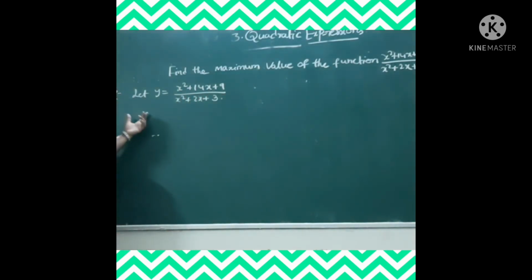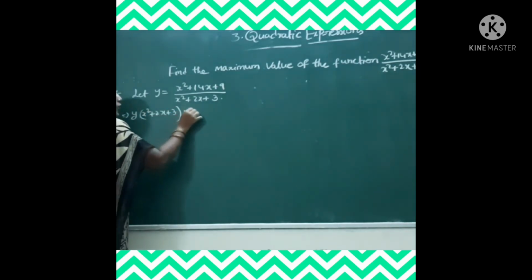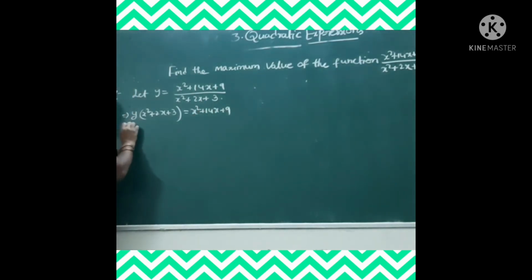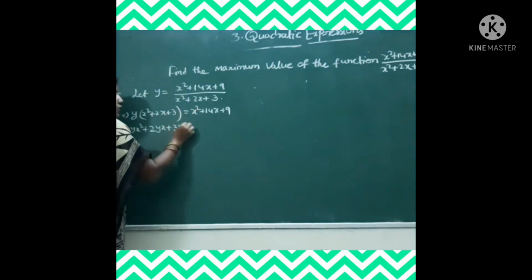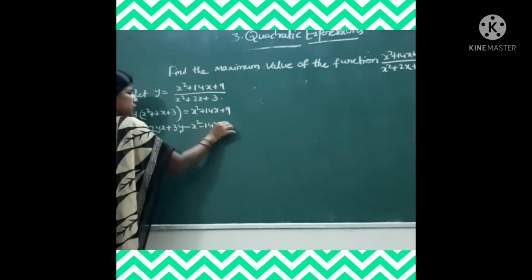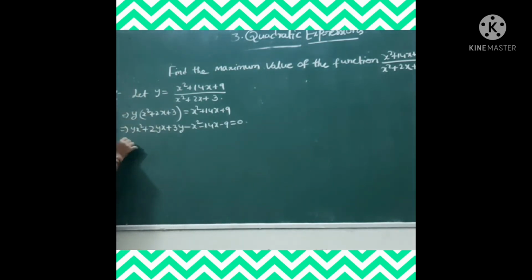Okay, this function we arrange as a quadratic equation, minus 14x minus 9 is equal to 0. Okay, now here the x square terms, the x terms and the constant term.